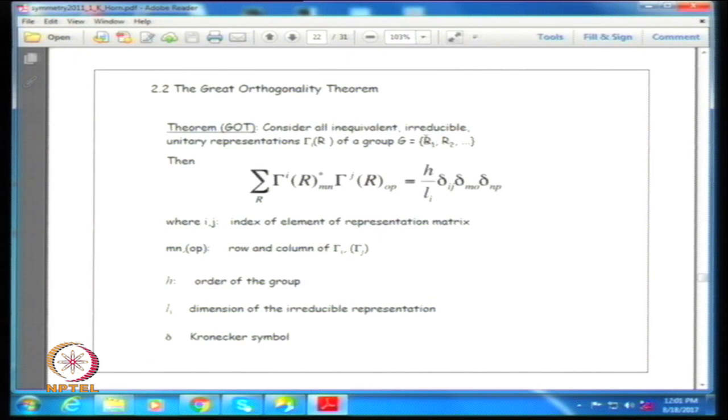So, group G, ours we write small g1, g2, etc. So, sum over all G of D alpha of G and D beta of G. So, there is a summation over group elements and it could be two different representations.